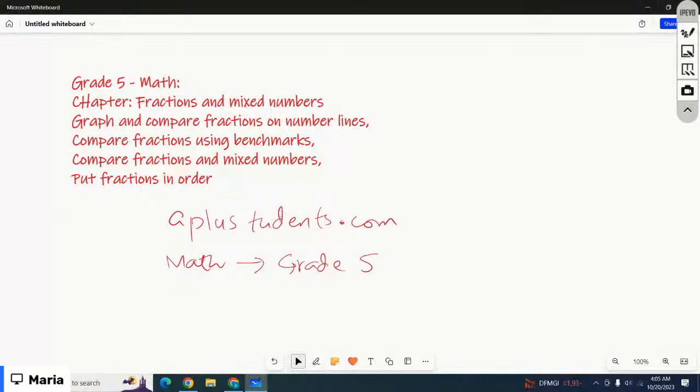You can go to the website aplusstudents.com, go to grade 5 math, then the chapter we're working on is fractions and mixed numbers. Let's start with the lesson graph and compare fractions on number lines.